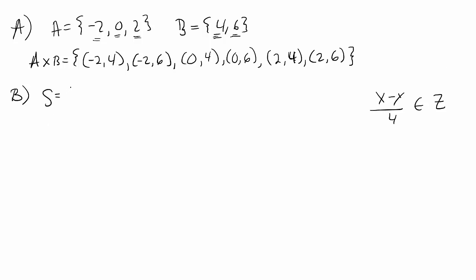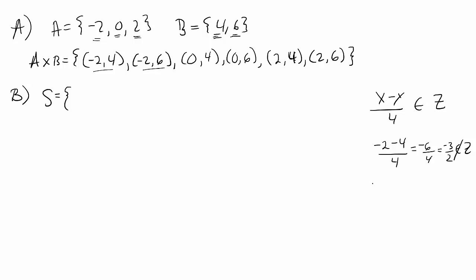So for this first ordered pair, that would be (-2 - 4) divided by 4. This would be -6 over 4, that's -3/2. That is not an integer, so that's not going to be in the relation.